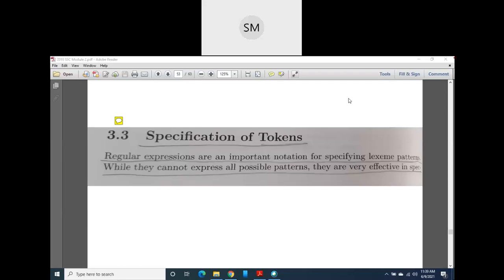In our programming language, we call these alphabets characters, and we call words strings. I think you know this already, right? So we call words in programming languages strings.